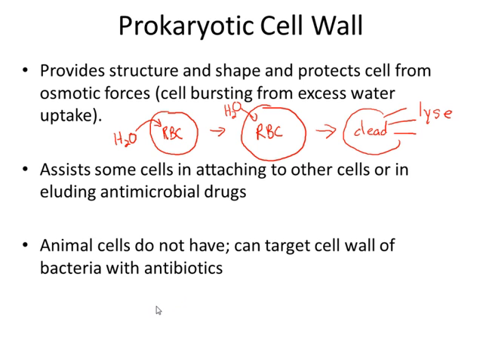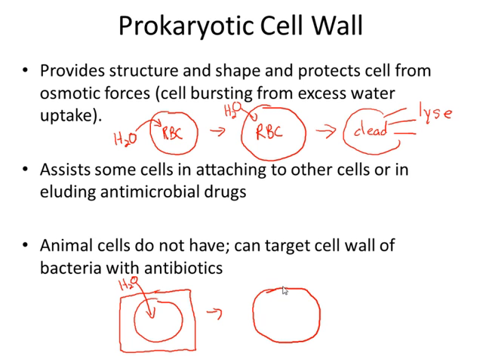Now, from a prokaryotic perspective, we don't have this concern because around its cell is this rigid cell wall. So let's imagine a scenario now where water is rushing into the bacterial cell. Now, that bacterial cell is still going to expand. What eventually is going to happen is it's going to push up against the four walls here, if you will. It's going to push up against the cell wall.